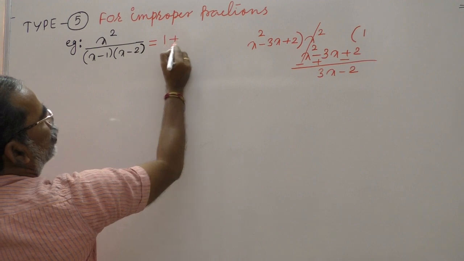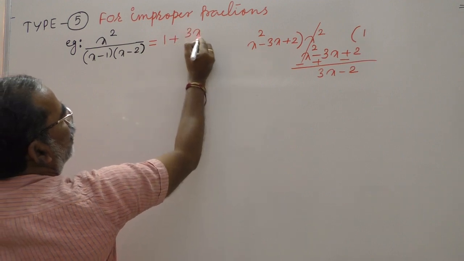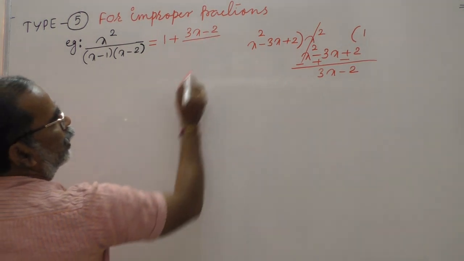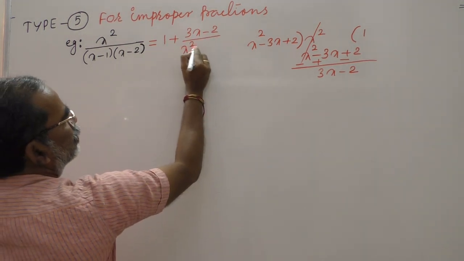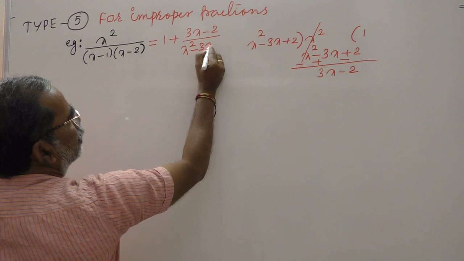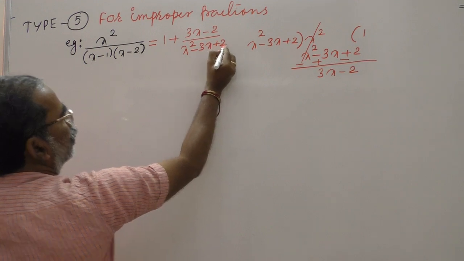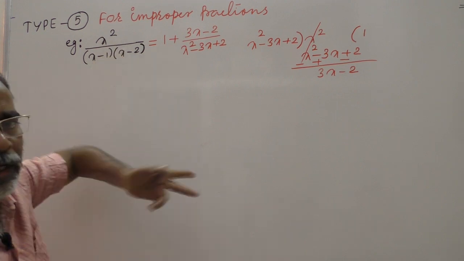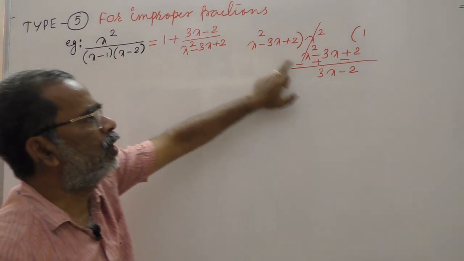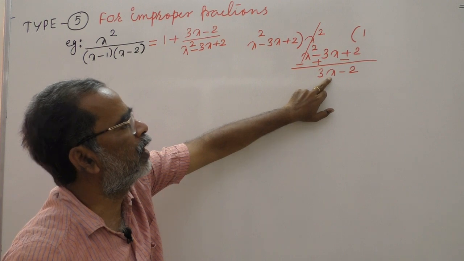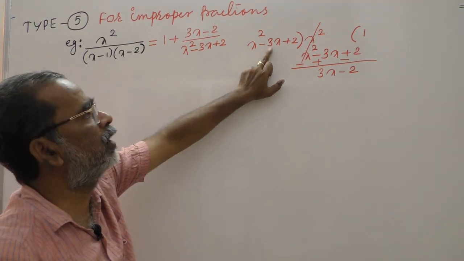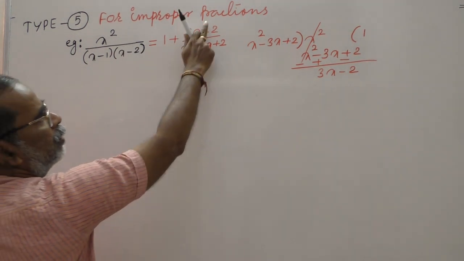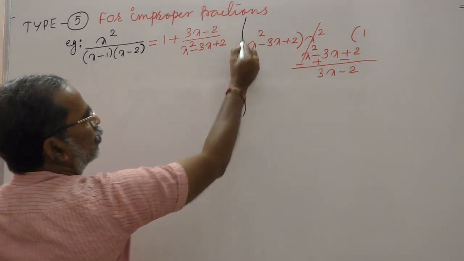So 1 plus quotient plus remainder by divisor, 3x minus 2 divided by x square minus 3x plus 2. This is the procedure. When the fraction is improper, you should divide until the remainder is of degree less than the divisor. Then you should write like this, quotient plus remainder by divisor.